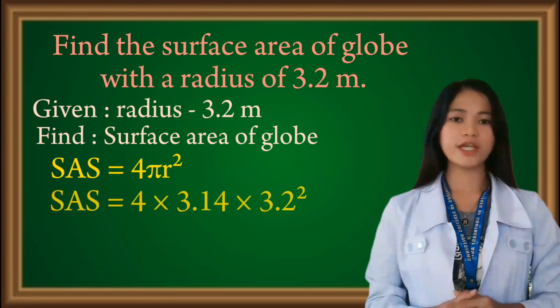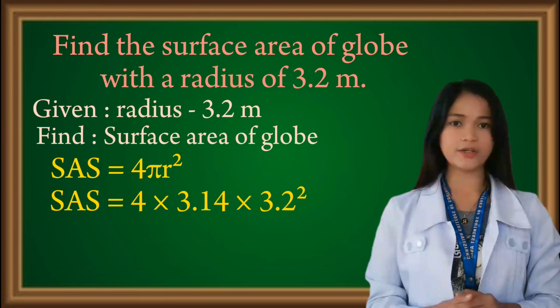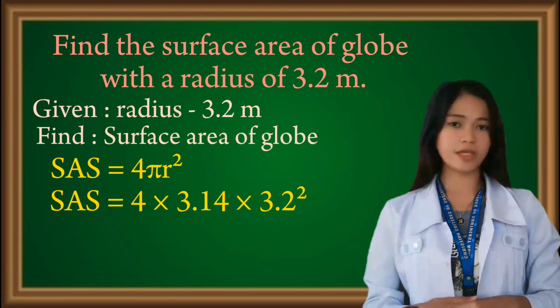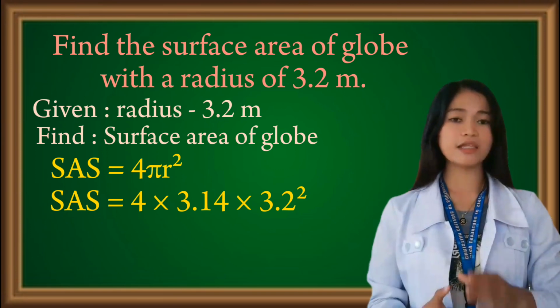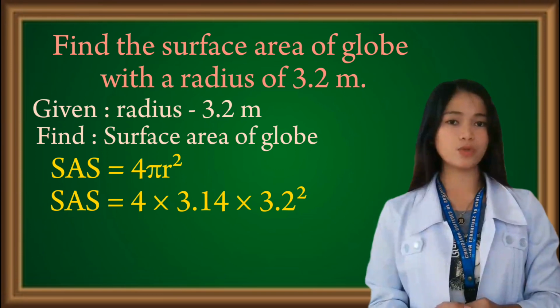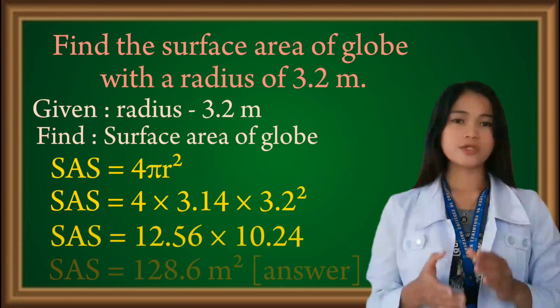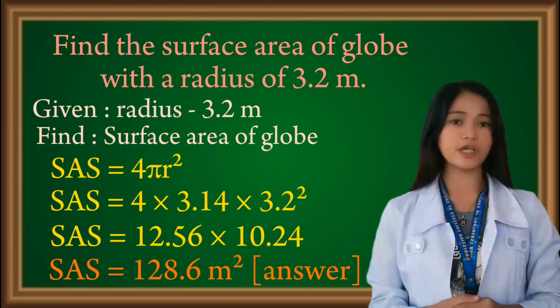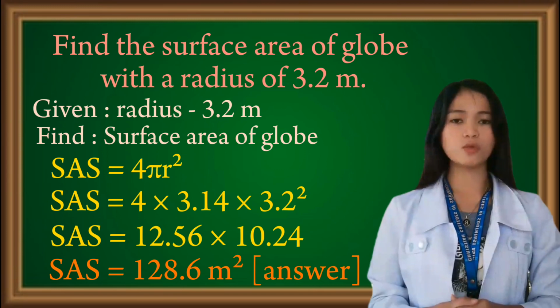So surface area of a sphere equals 4 times 3.14 times 3.2 squared. So we will go in multiplication. 4 times 3.14 is equal to 12.56. And 3.2 squared, or 3.2 times 3.2, is equal to 10.24. So the surface area of a sphere equals 12.56 times 10.24.